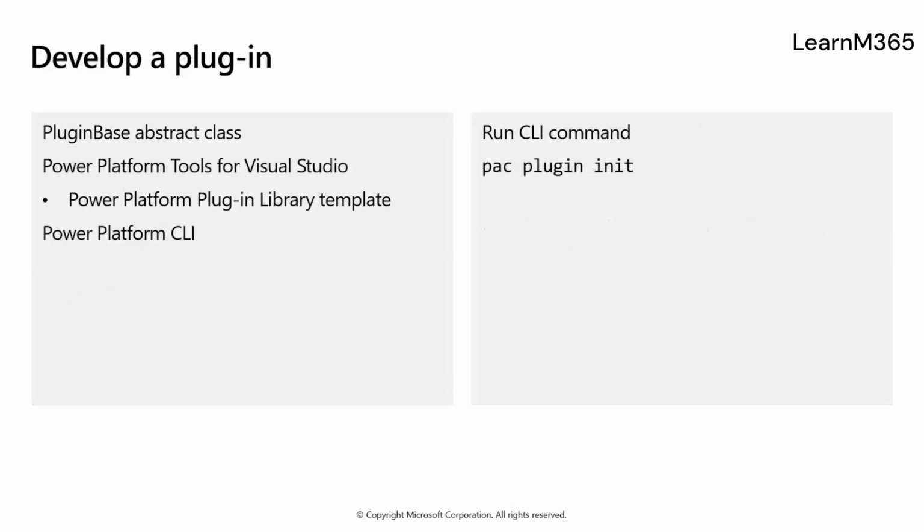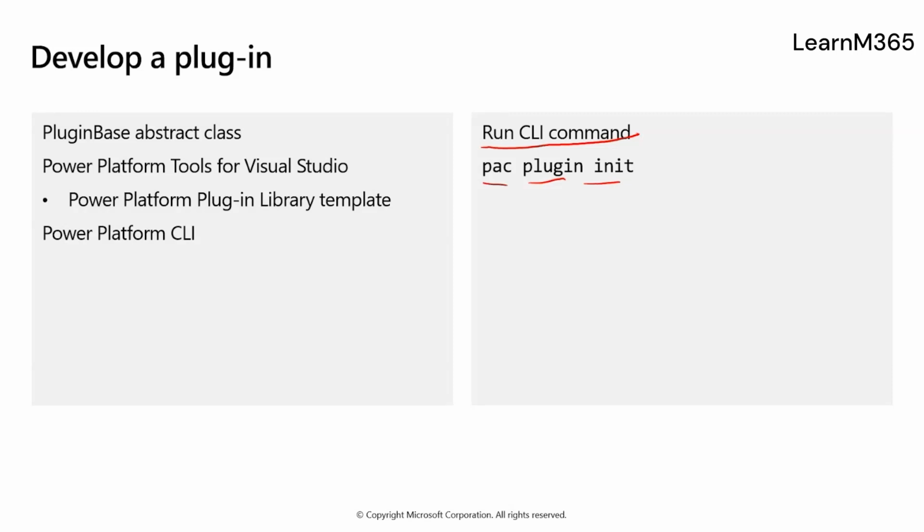So, the ways to develop a plugin. There are two ways to develop a plugin. Either you can use this CLI command, pac plugin init, and it would create the required classes. Or you can create a project yourself. Okay.